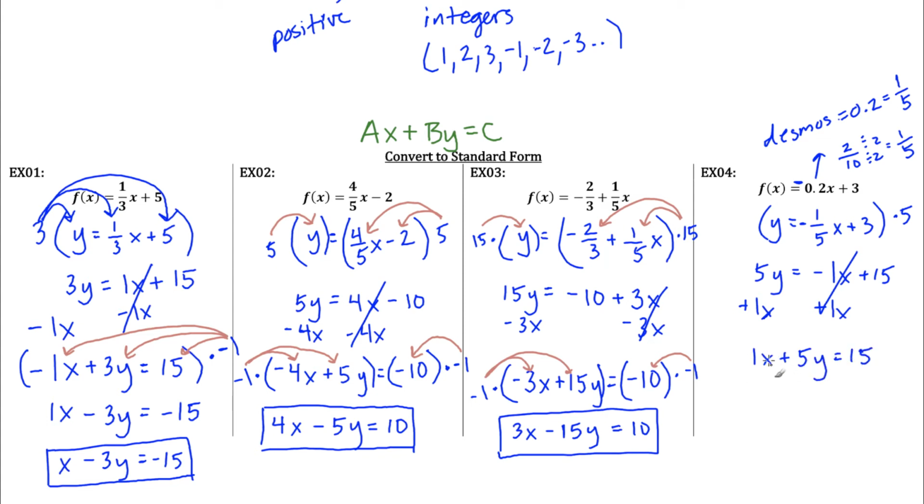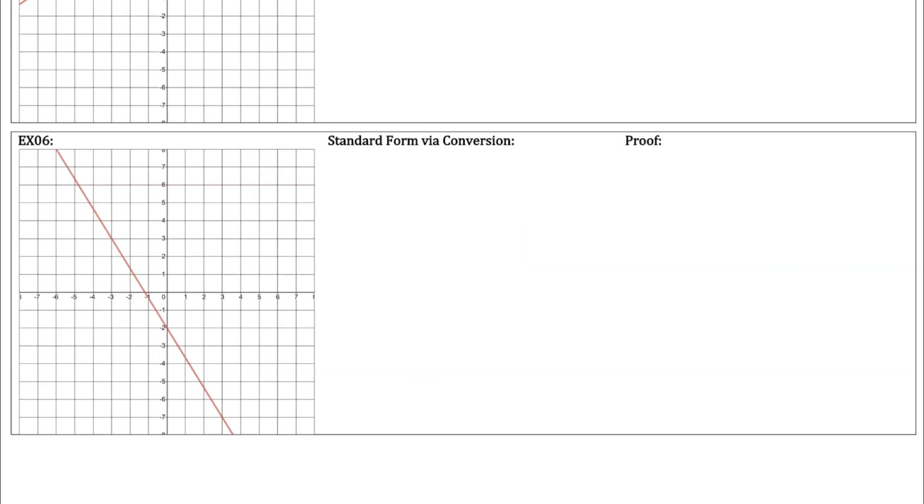You see how this is already positive? That means I don't have to multiply by negative 1 here. I'm just good to go. X plus 5y equals 15. All right, so let's use this.